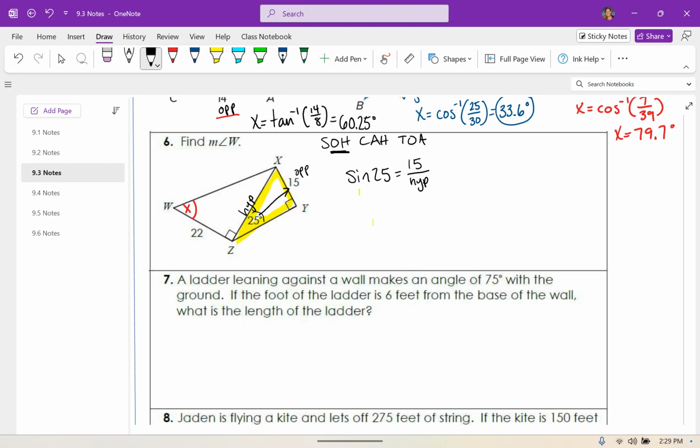Okay, and we're going to solve for the hypotenuse, right? So I'm going to multiply by the hypotenuse. I guess I could have called it x, oh well. So hypotenuse times sine of 25 equals 15. And I divide by sine of 25.